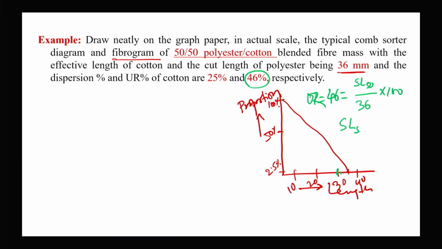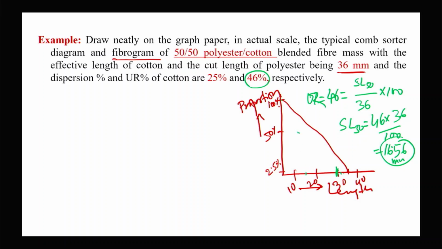So the 50% span length will be 46 multiplied by 36 by 100, which is 16.56 millimeter. So the 50% span length we know, and here it is 16.